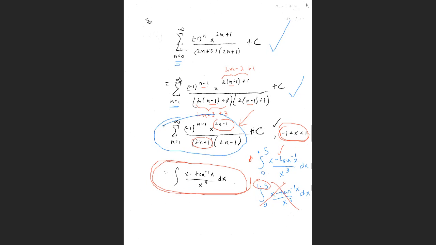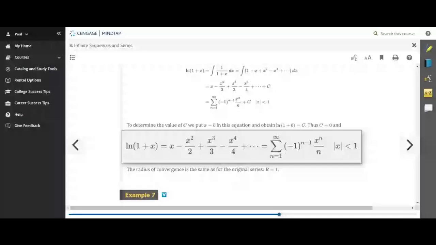So section 8.6 has a lot of nice examples, and they have some formulas. For instance, the formula we derived, the power series for the arctangent of x, they have that in section 8.6. And here's another function, the log of 1 plus x. We'd like to know the power series for that, and they derive that.